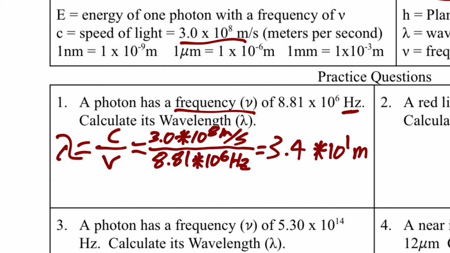The reason we're only going to two significant digits is that the speed of light is given to you as 3.0, which is two significant digits, whereas 8.81 is three digits. We're going to go with the least number of digits, so that's why we go with two significant digits in rounding our answer.